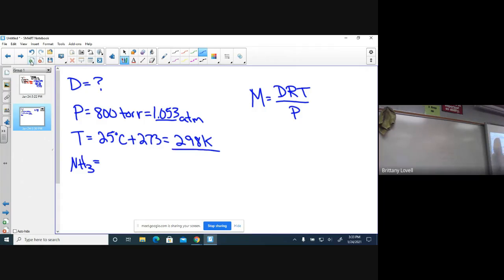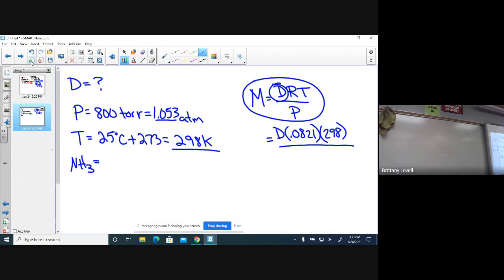If you look at this formula, you're looking for density, so I'm going to put that we're looking for D. We know the gas law constant is 0.0821. The temperature is going to be 298 Kelvin, divided by the pressure, which we said is 1.053.